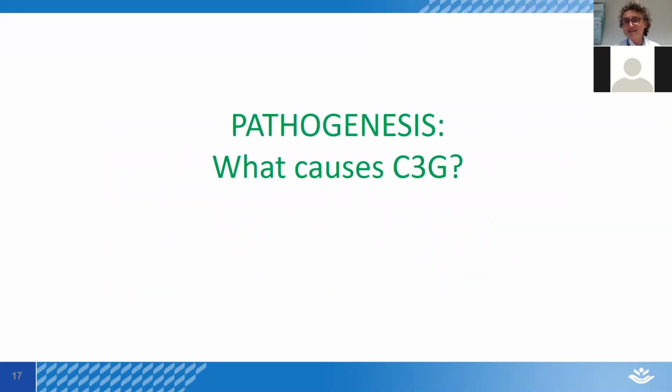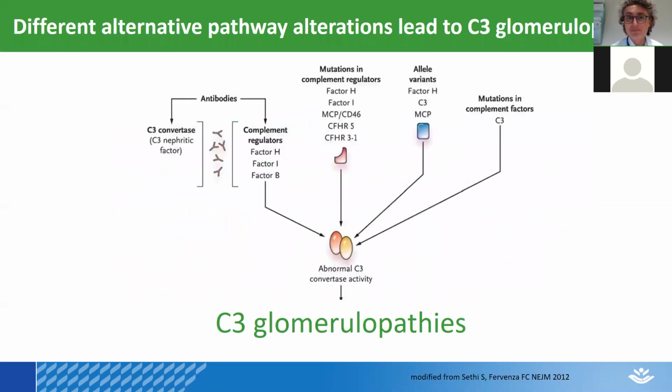So what causes C3 glomerulopathy? I'm going to try to explain that to you a little bit more. We know that different alterations in the alternative pathway of complement lead to these diseases. The alternative pathway is one of the three pathways of complement. Complement is a group of proteins that live within our blood and that are part of the immune system.